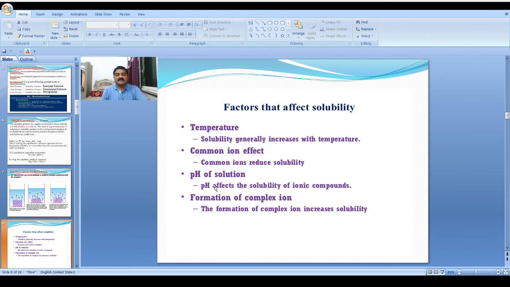We know on the pH scale 1 to 7 is acidic, 7 to 14 is basic, and 7 is neutral. We have to adjust the pH of the solution in gravimetric analysis. And fourth, formation of complex ion. The formation of complex ion increases the solubility here.